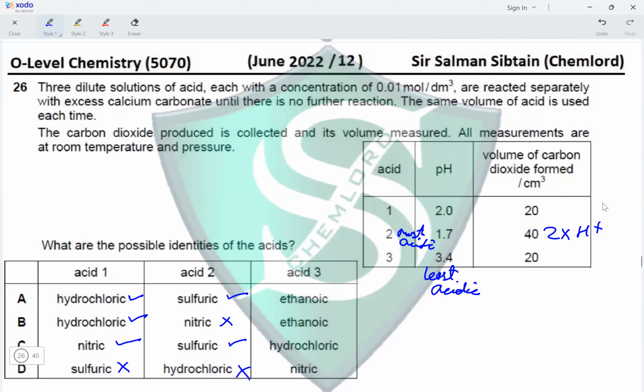And acid 3 being the least acidic could be ethanoic acid because ethanoic acid is a weak acid. And hydrochloric and nitric are not much weaker than each other, so the pH would have been closer to 2. So out of the four options, option A is the one with all correct acids present, making option A the correct option for this question.